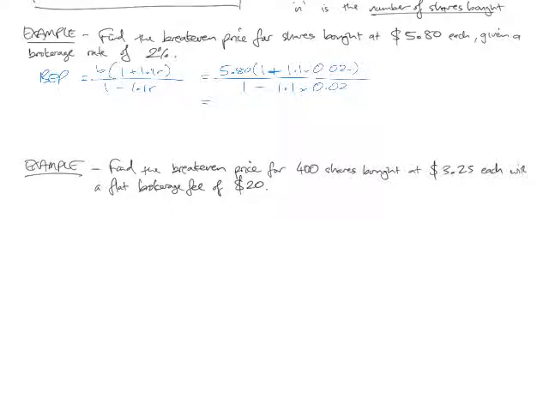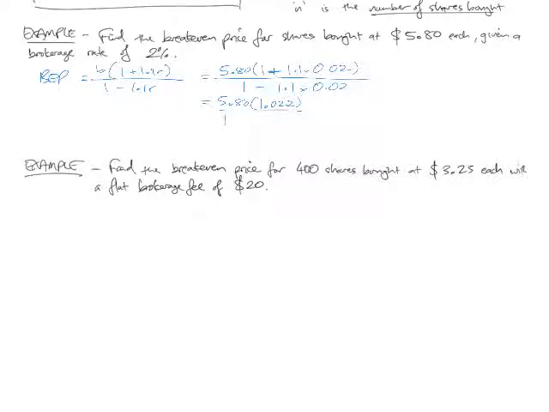So now we need to work out the top line. Make sure we do BEDMAS, so clear out the brackets first. 1.1 times 0.02 is 0.022, add 1, it's going to be 1.022.